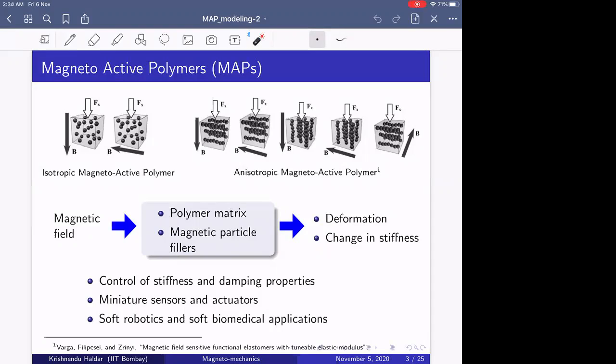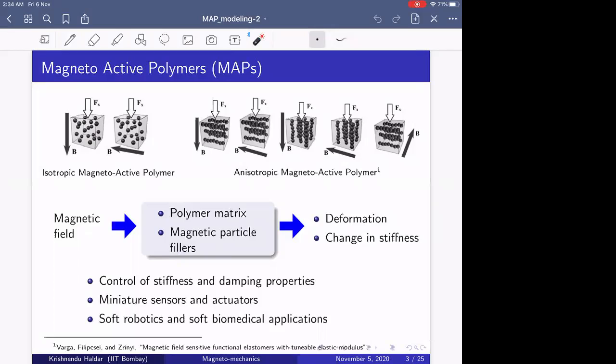And on top of that, through the magnetic particles or magnetic fillers, you are also getting the magnetic characterization of this material system. So depending on how you are curing, you can end up with a final configuration of magneto-active polymers where your magnetic fillers are evenly dispersed in the polymer matrix.